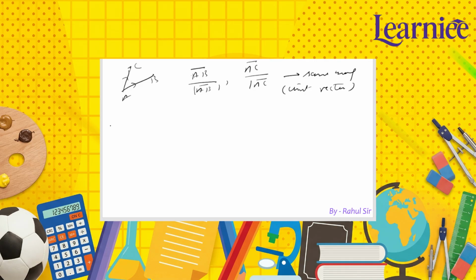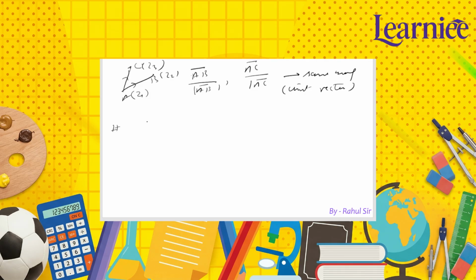So if we want vector AB to be equal to AC, what should I do? Let's talk in terms of the complex numbers z1, z2, z3.